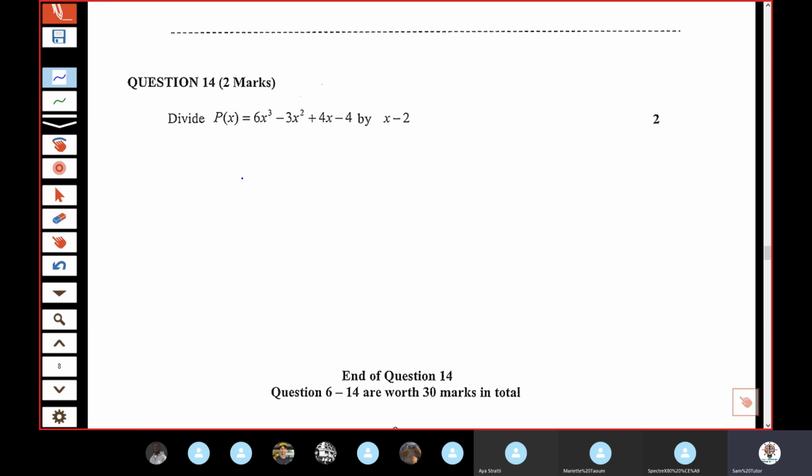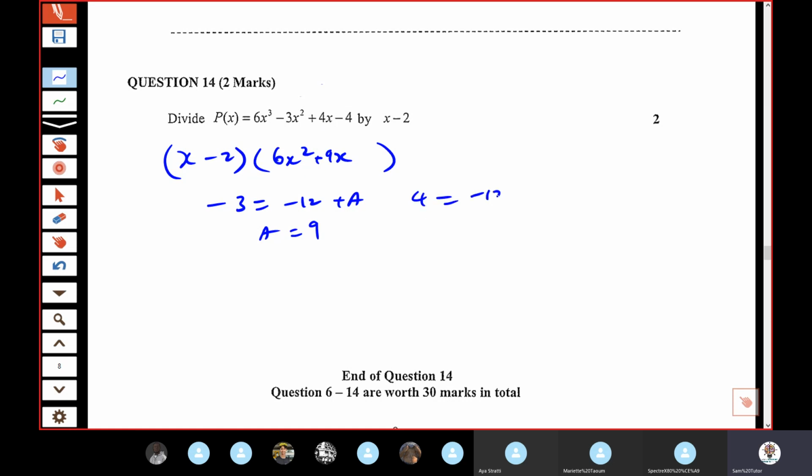Okay. I'm going to try to do it synthetically, so without dividing, and see if we all get the same answer. 6x squared minus 3 equals minus 12 plus a. So a should equal minus 3 plus 12, which is 9. And then 4 should equal negative 18 plus b, so b equals 22.